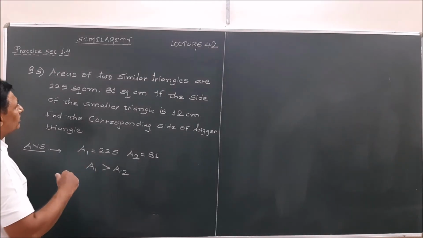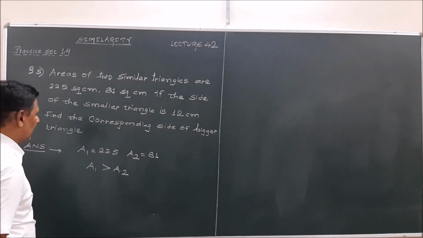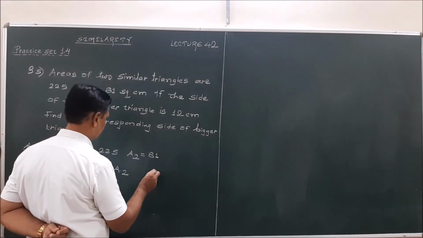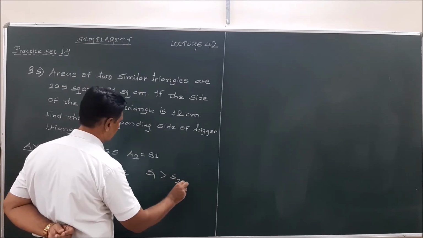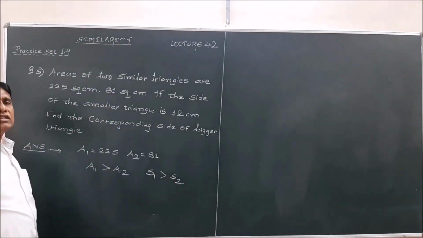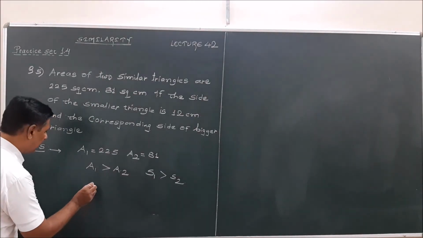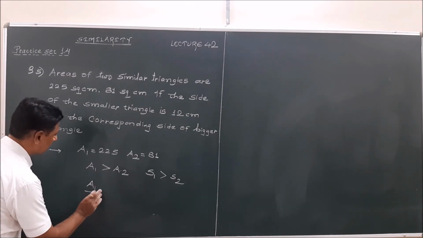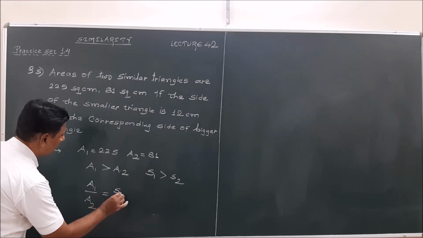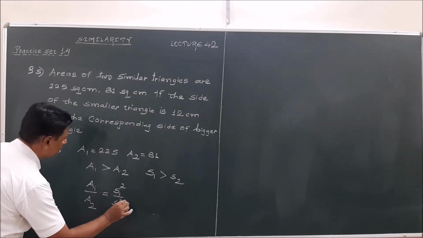Fine. Then areas of two similar triangles are 225 and 81 square centimeter. If the side of the smaller triangle is 12, S1 is greater than S2. S2 is the side of a smaller triangle. So you will find here A1 upon A2 is equal to S1 square upon S2 square.